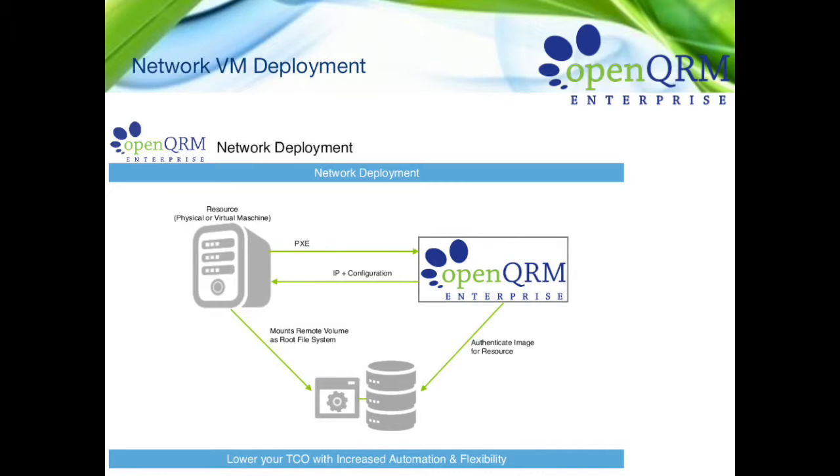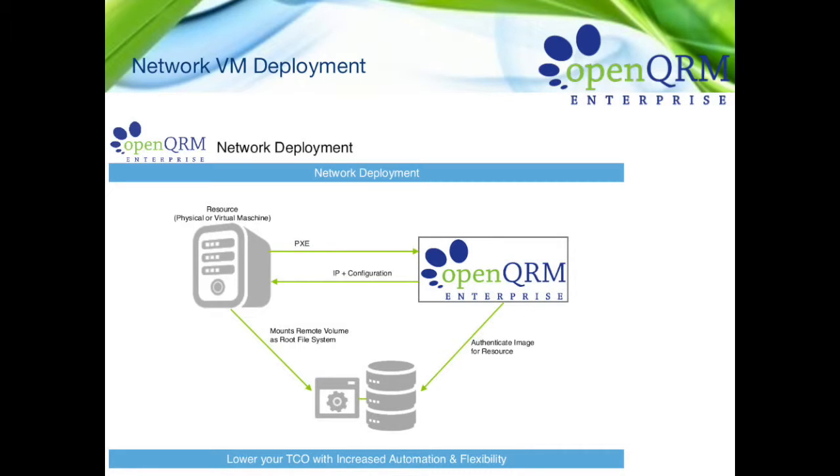I will now explain what exactly happens when a system is deployed via network deployment. First, the system will try its first network card and send out a PXE request, which is a broadcast to the next DHCPD server, which is running on openQRM with the DHCP plugin.